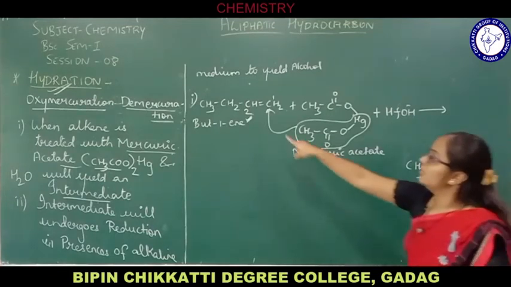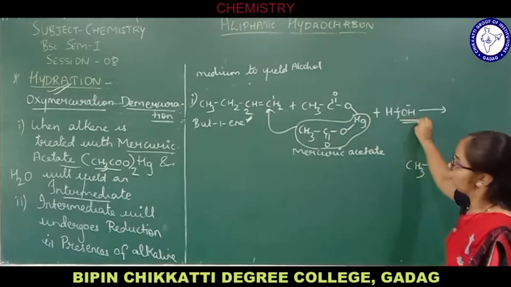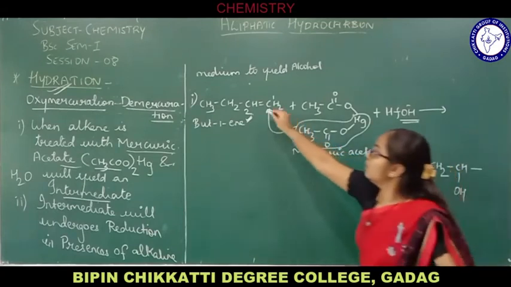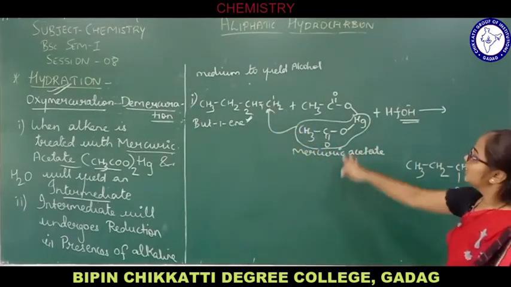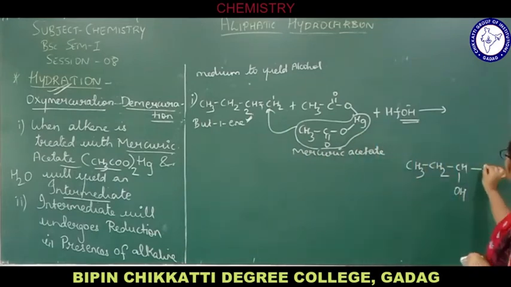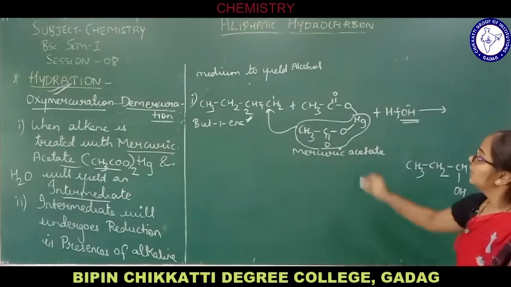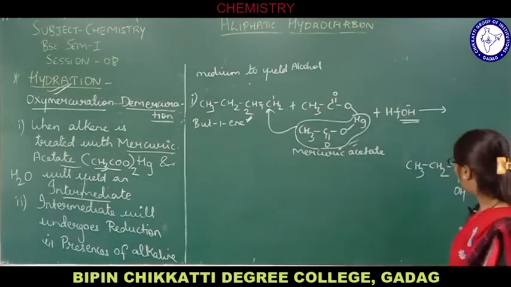Now across this CH, who is getting attached? OH. Okay, the bond has to cleave, this double bond has to cleave over there, right? So at that time, the other carbon, CH2, carbon number 1, the electrophile, this group will go and get attached to that carbon number 1.